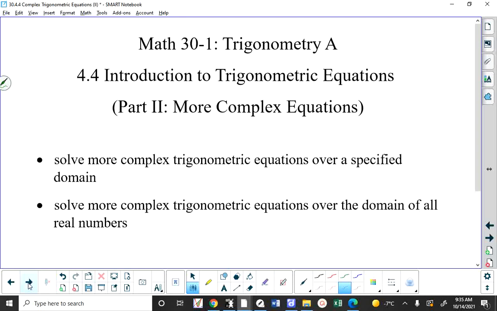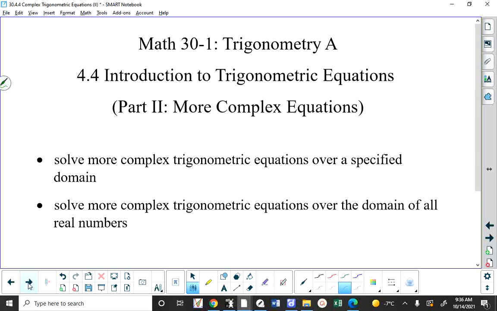And then we're going to solve them over any real number. But remember that when you write your solution for a domain of all real numbers, all you do is take your solution for one revolution and write plus multiples of 360 or plus multiples of 2 pi. So there's not much really new here.